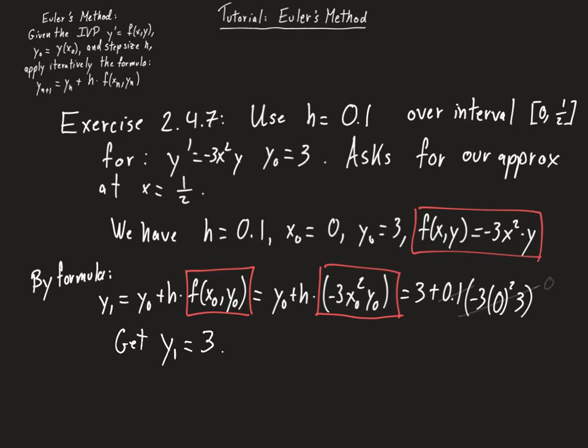Okay. Now keep in mind that this time, we here are approximating y of 0.1. So we've still got a little ways to go before we get to our approximation of y at 0.5.